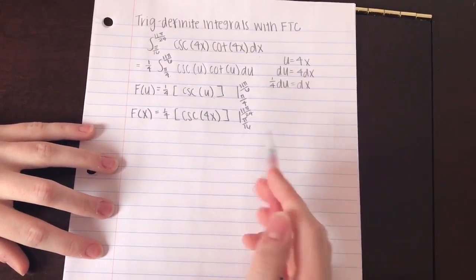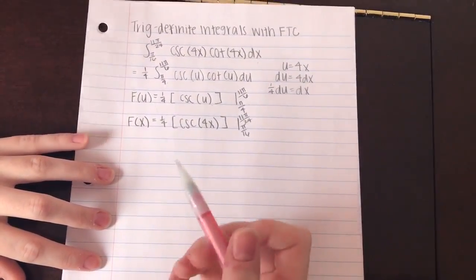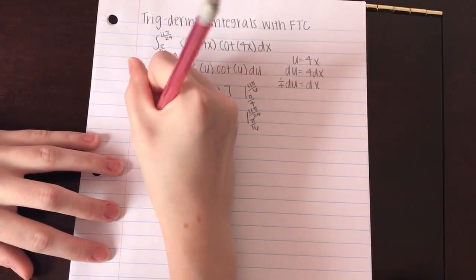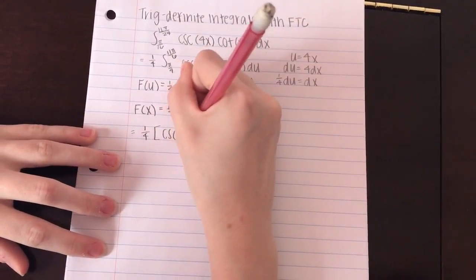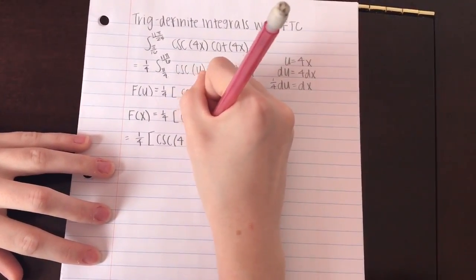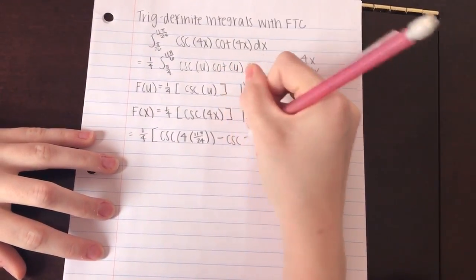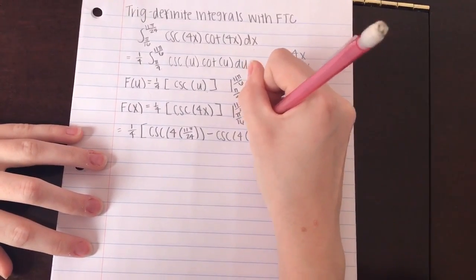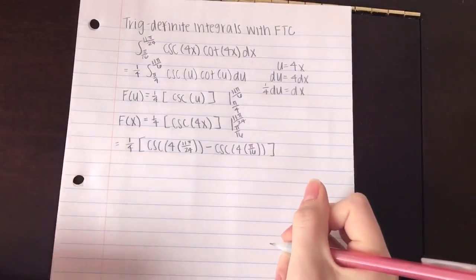So now after this step, we're going to do FTC, the fundamental theorem of calculus, which is going to equal 1/4 bracket cosecant of 4 times 11 pi over 24 bracket minus cosecant of 4 parentheses pi over 16 end bracket.